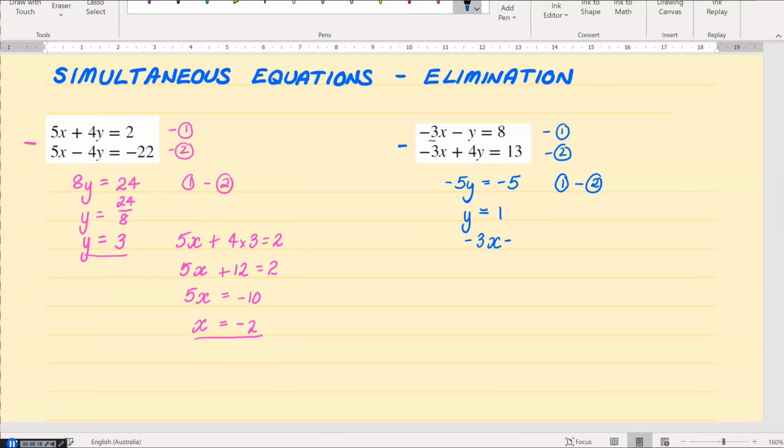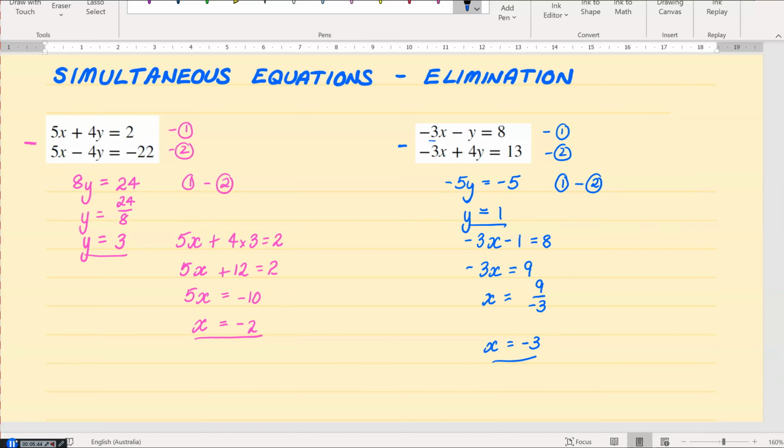Take y, so take 1 equals 8. So we end up with -3x. Get rid of a take 1, we add 1, we get 9. Get rid of a times -3, we divide by -3, so 9 divided by -3, we get x is in fact -3, and these are our two answers.